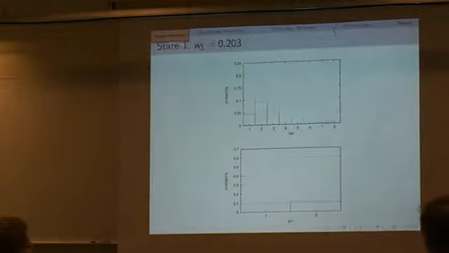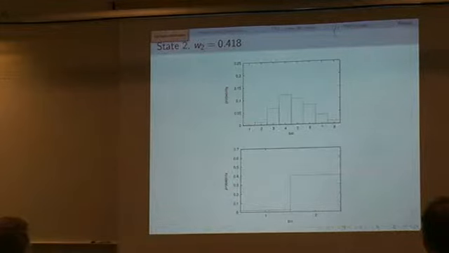And that's the first state. It's concentrated on low X values, basically the first 3 bins, and it has almost no distinction on delta X. The first state has this weight, so it accounts for roughly 20% of the data.